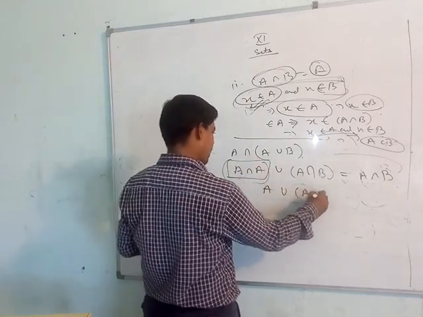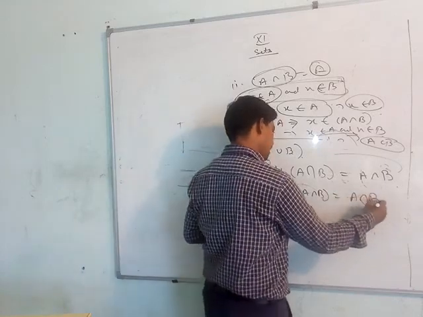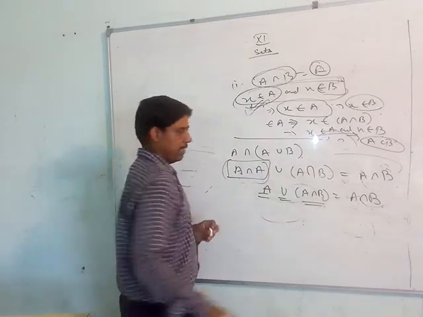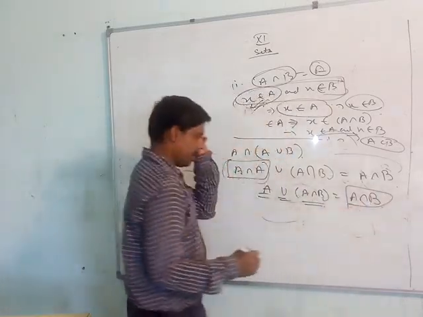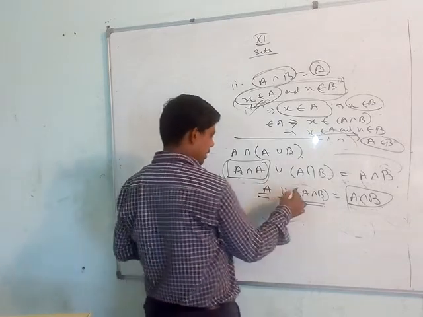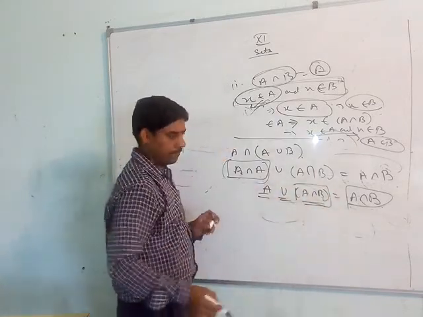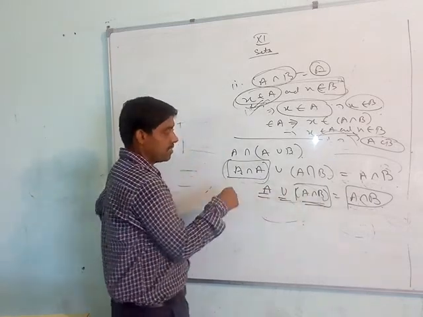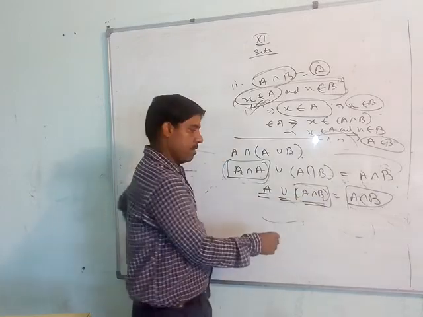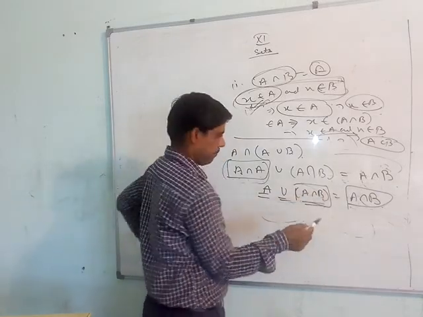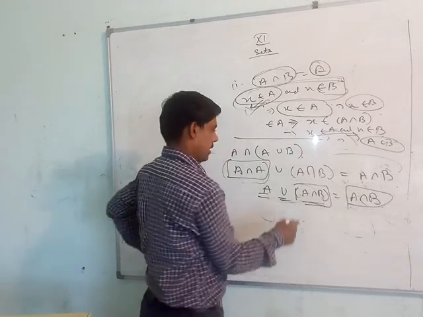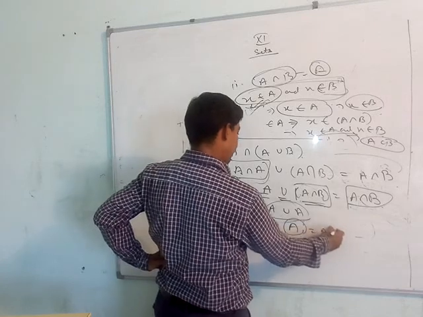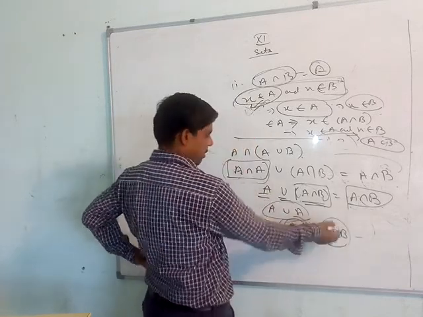Union A intersection B is equal to A intersection B. So we are getting A union (A intersection B) is the same as A intersection B. That means we can say that if A is a subset of B, then A intersection B is equal to A, which is verifying A intersection B here. So A is equal to A intersection B.